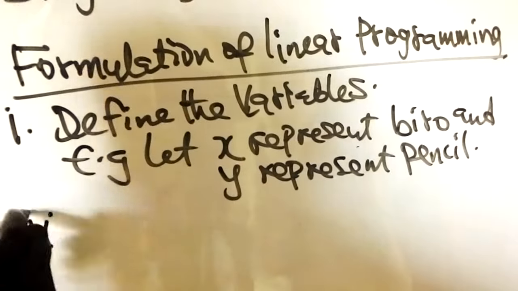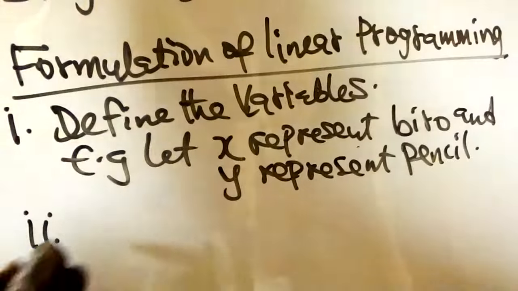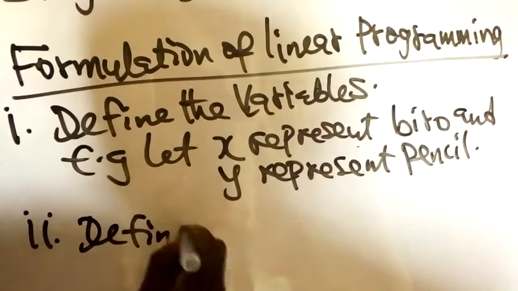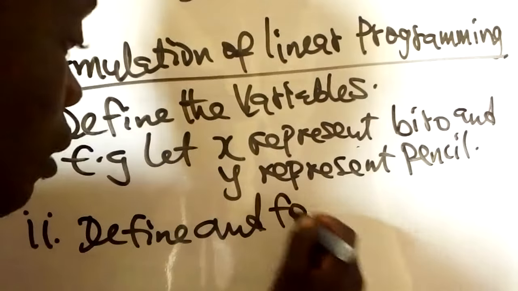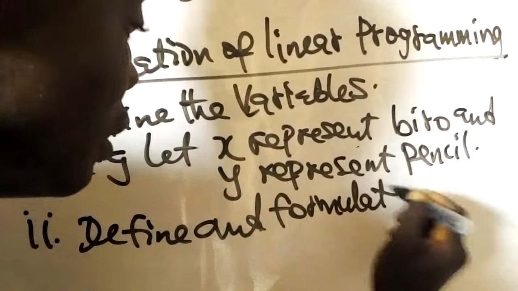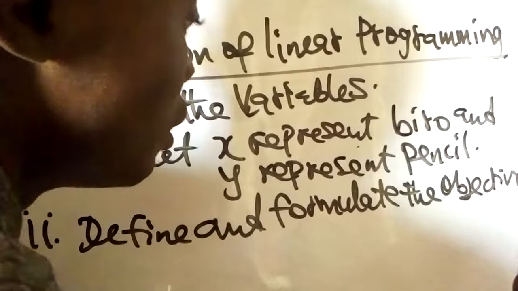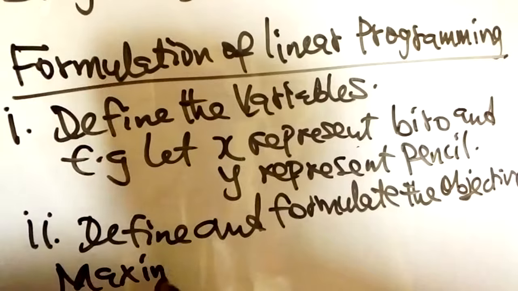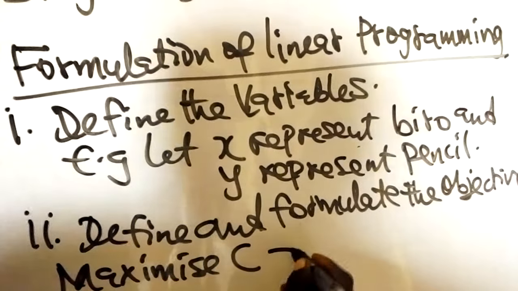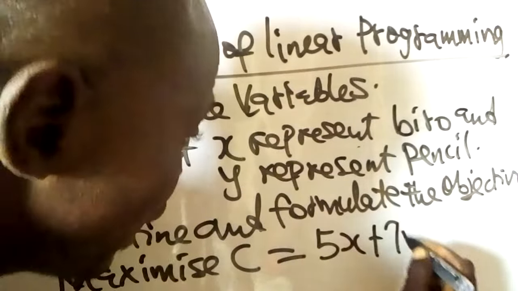Step two is to define and formulate the objective. So for your objective, you can say maximize your contribution equals, let's say, 5x plus 7y.